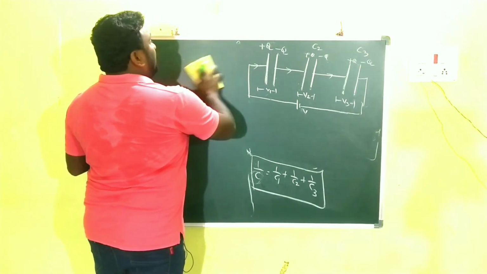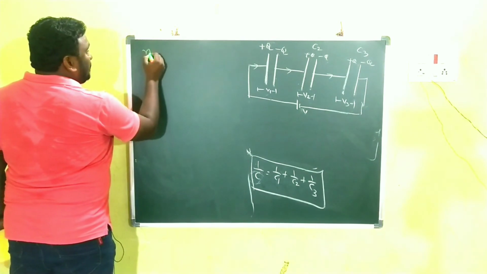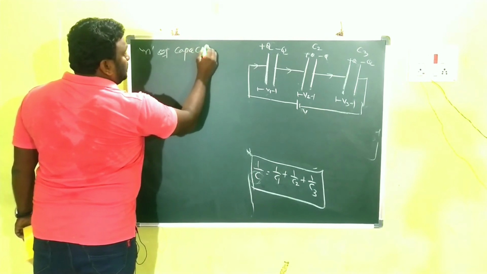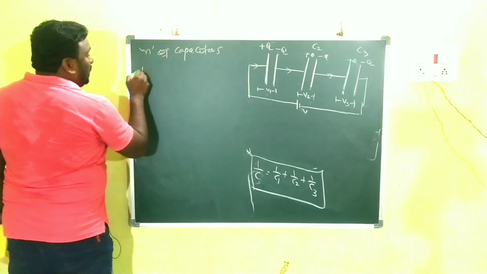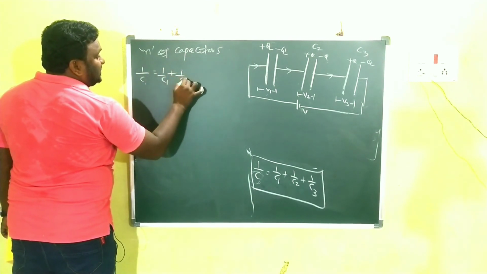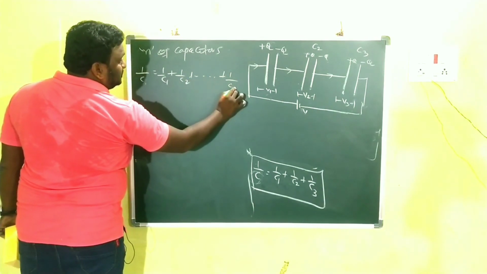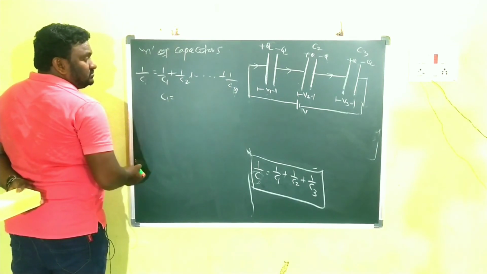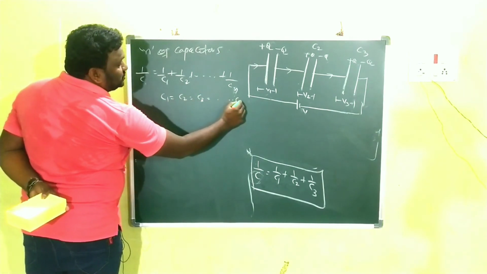And here, children, you have to remember some points. If n number of capacitors have equal value, then 1 by C is equal to 1 by C1 plus 1 by C2 plus 1 by C3 and so on up to Cn.